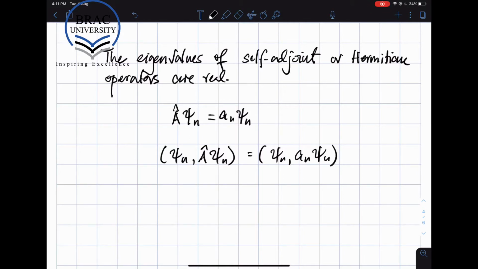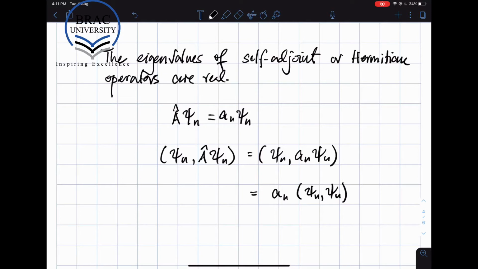But of course a is just a number, so in the inner product it's not a function of x, so the integral over x is not going to affect it, and we can just factor it out of the inner product. So we can factor a_n on the right hand side outside the inner product.